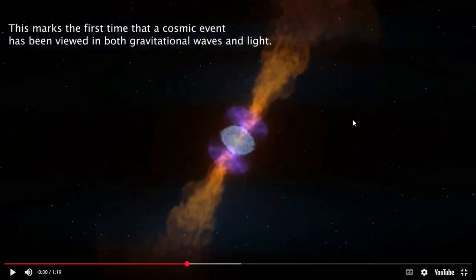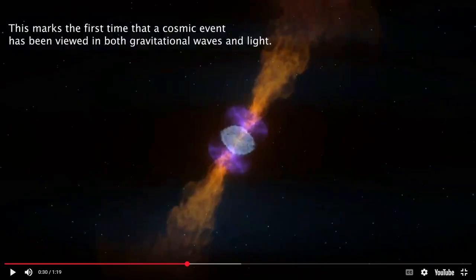It turns out, for this pair of neutron stars, we first detected it using gravitational waves. As two massive objects spiral in towards each other, they will emit gravitational waves. We've seen the detectors that we use to detect those gravitational waves. We weren't exactly along the line of the gamma ray burst.